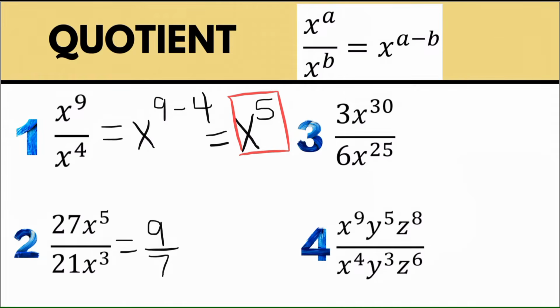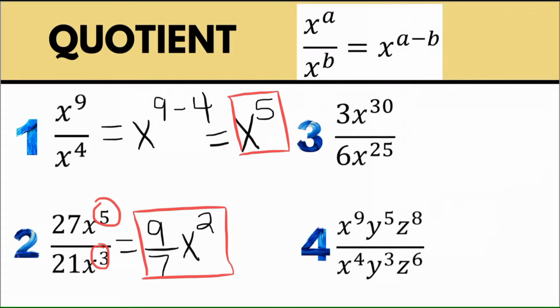And then x to the 5th divided by x to the 3rd, if I subtract the exponents, 5 minus 3 is 2. So this is 9/7 x squared. And that is it. You could also write this as 9x squared divided by 7. That means the same thing.